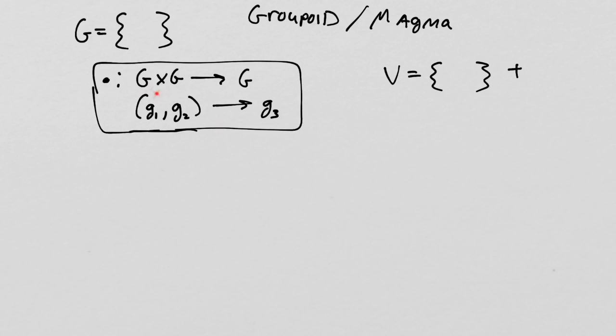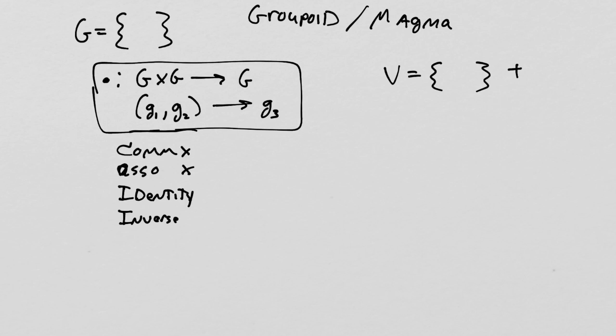For example, there's nothing about this that says it has to be commutative, right? There's nothing about this that says it has to be associative, right? Doesn't even have to be associative. There's nothing about this that says you have to have an identity element, right? And there's nothing about this that says every element must have an inverse, which makes perfect sense because if you're not required to have an identity, you can't be required to have an inverse.